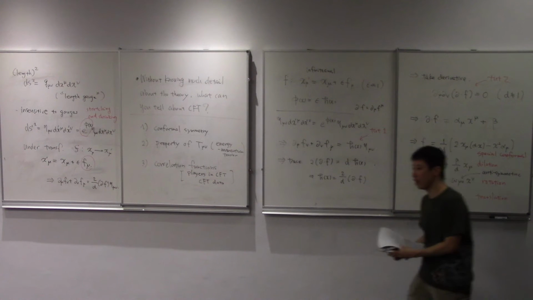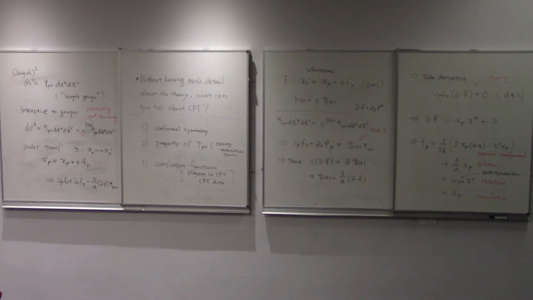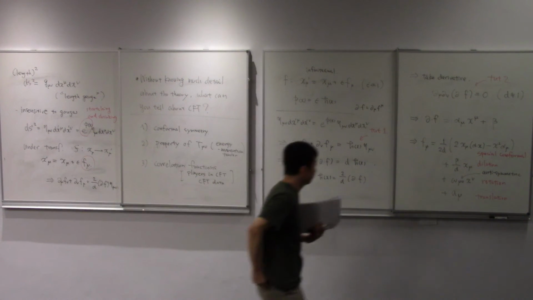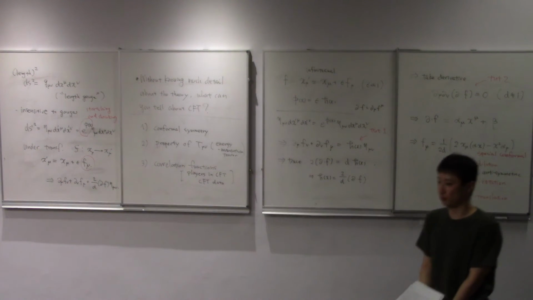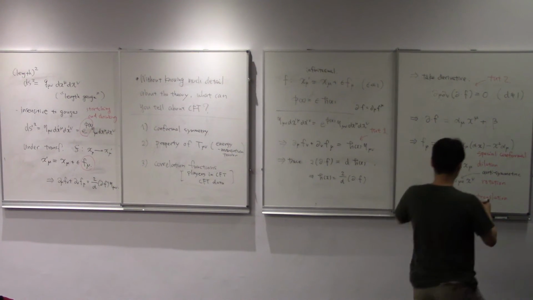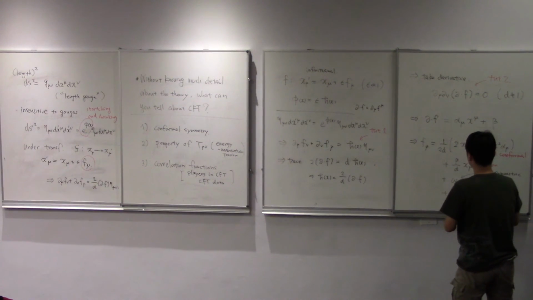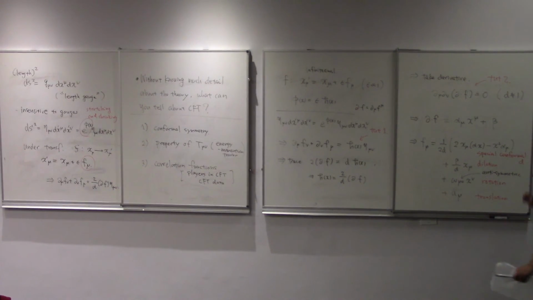So then, how many parameters do you have? The special conformal transformation parameter is alpha mu, so how many parameters do you have? D. And the dilatation, 1.